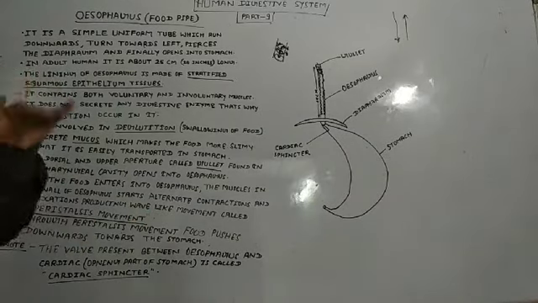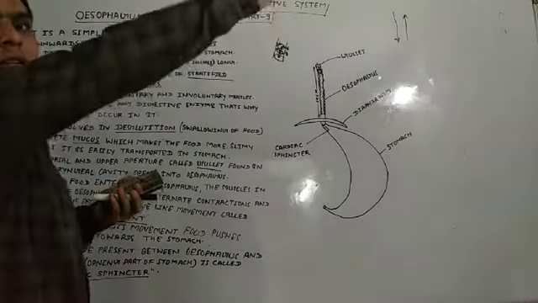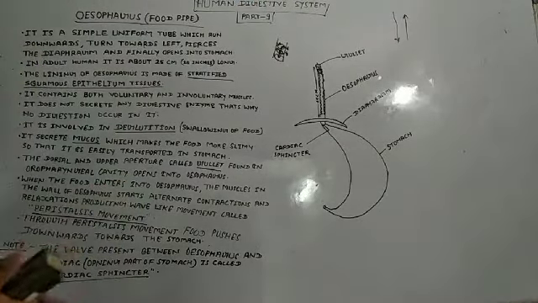These wave-like movements that pass the food in the forward direction are called peristalsis movements. This point is very important. Note it down. So come to the next point.